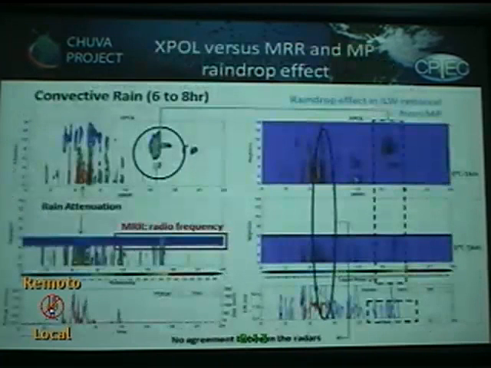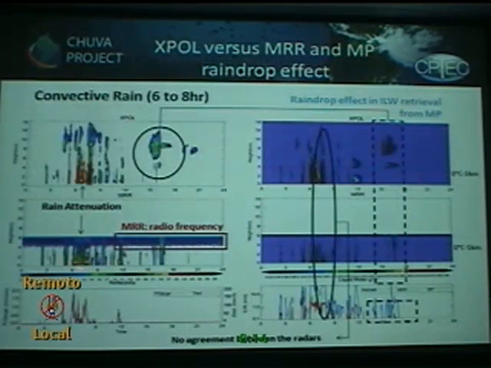The X-band and the microwave. So when you have a convective system, like I showed in the last presentation, there is a lot of attenuation. So the whole column is not safe for the microwave. It depends on the kind of precipitation system.